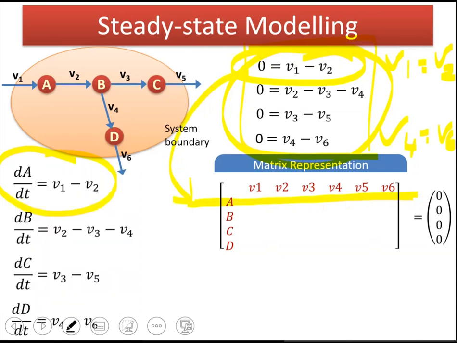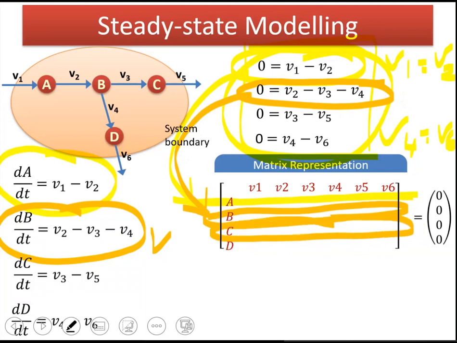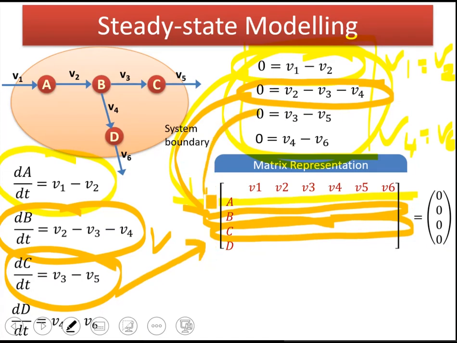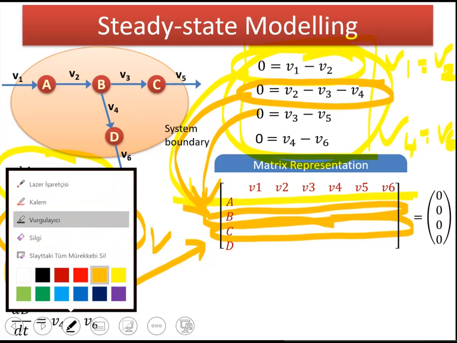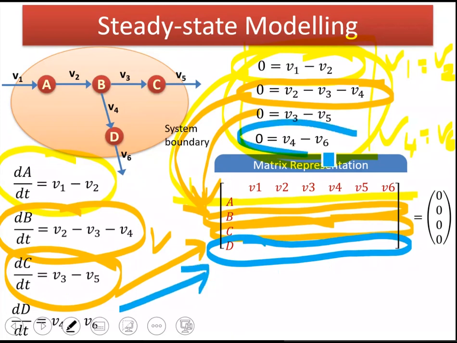Then we have written an equation around metabolite B. So this was our second equation, which means that the second row in our matrix will represent this second equation. Similarly, the third row will represent our third equation, and the fourth row will represent our fourth equation, which is the balance around metabolite D.